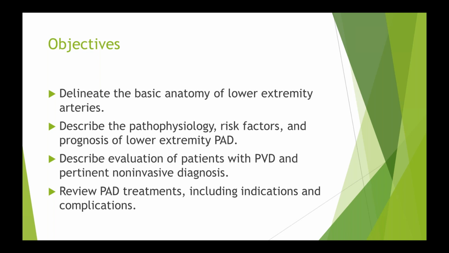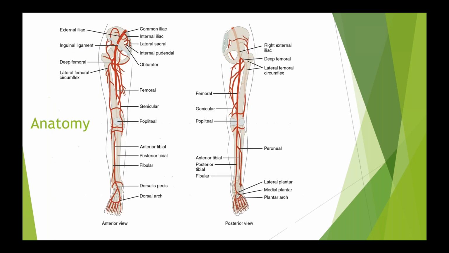The third objective will be to describe evaluation of patients with peripheral vascular disease and pertinent non-invasive diagnosis, which is a big part of the patient's workup. And finally, we will review various peripheral arterial disease treatments, and we will discuss their indications and complications.